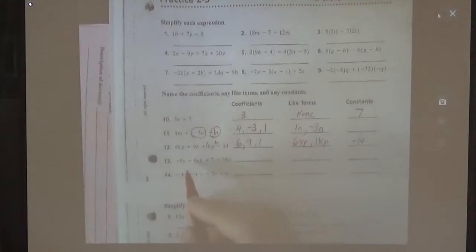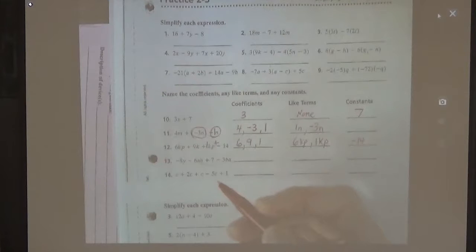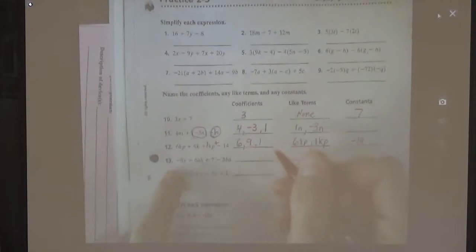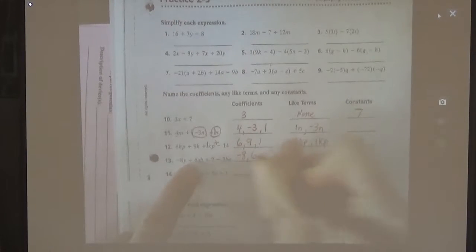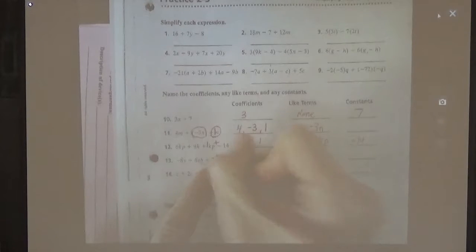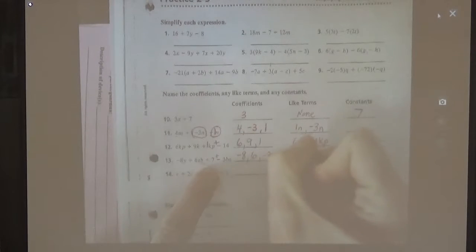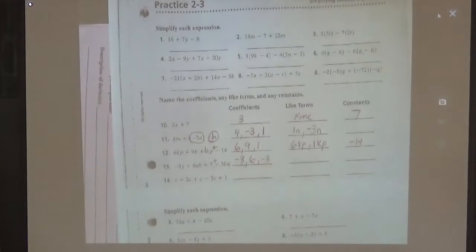Number 13. Katie? What are the coefficients? 8, 6, 3. Close. Negative 8. Yep. 6. And negative 3. Okay?